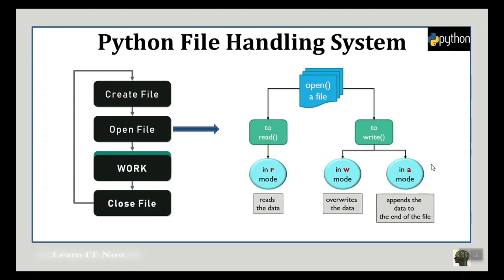But if we open it in A mode, that is append mode, meaning adding at the end, and the file already exists, then it will append the data after the previous file data. So whenever we are not sure whether the file exists previously or not, we should open it in append mode. And when we are sure that we don't want the older data, even if it is in the file, we can open it in write mode.